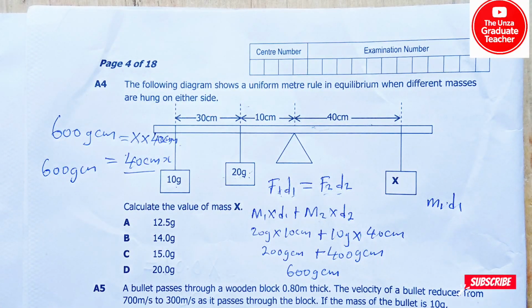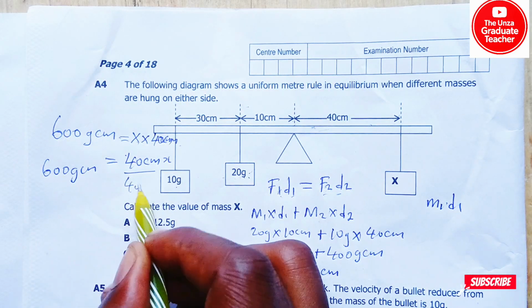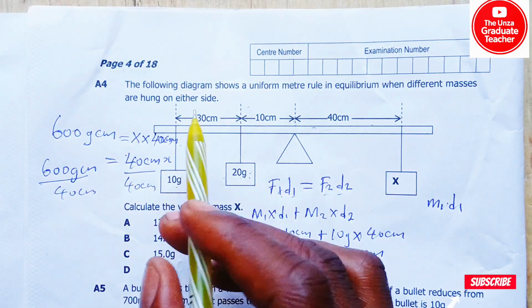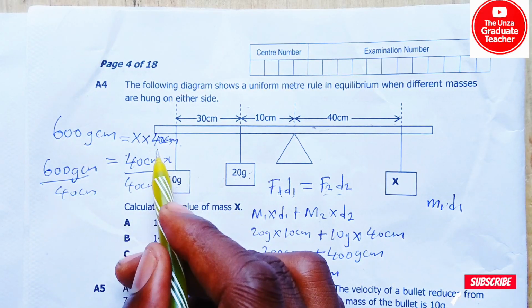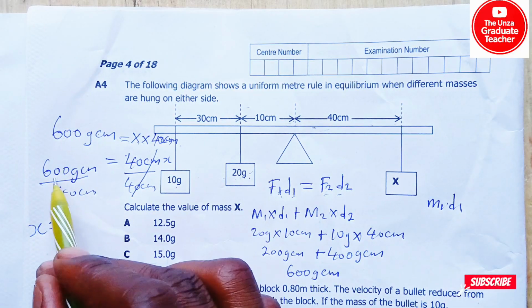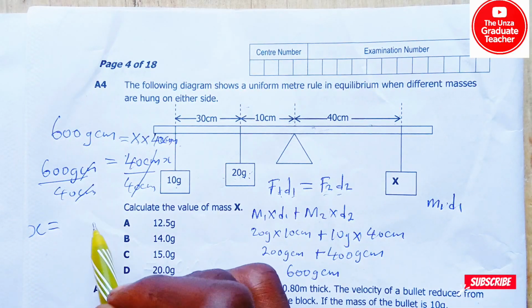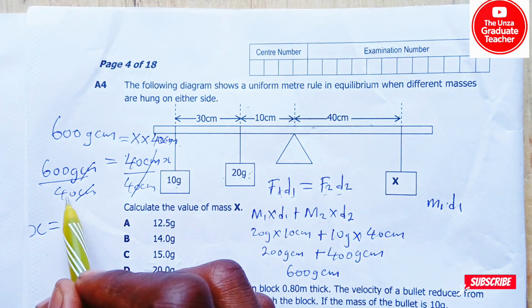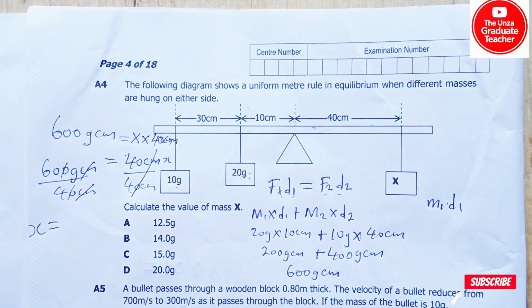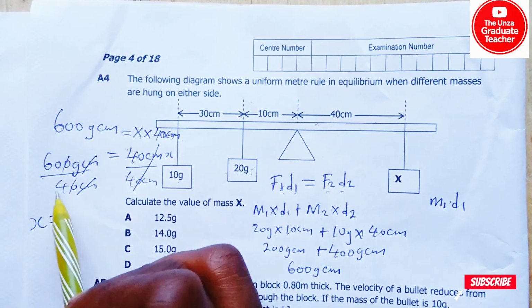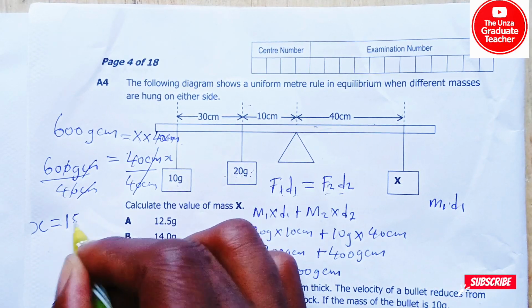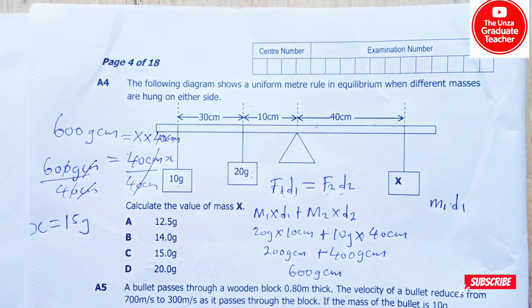Since you want to find x, you divide both sides by 40 centimeters. The 40 centimeters on this side cancel, and x remains alone. On the other side the centimeters cancel, then 40 into 600, the 0 and 0 cancel, and 4 into 60 gives you 15. So it will be 15 grams. The answer here was supposed to be 15 grams.